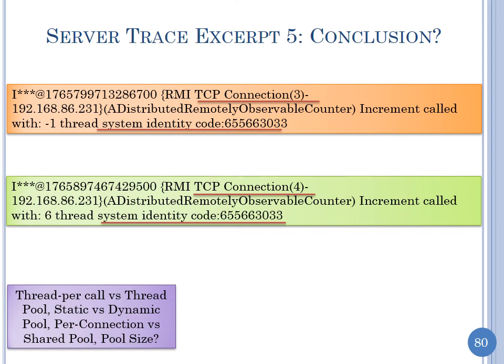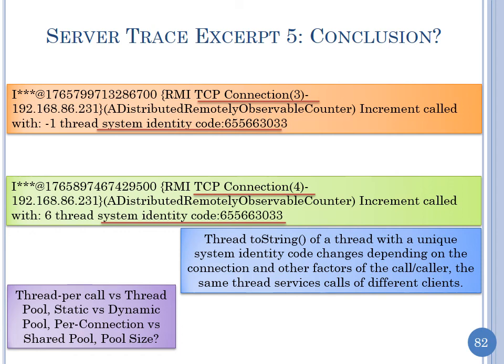So what conclusion can we draw from this? The thread toString of a thread with a unique identity changes depending on the connection. So this mapping is not constant as we were thinking it would be.